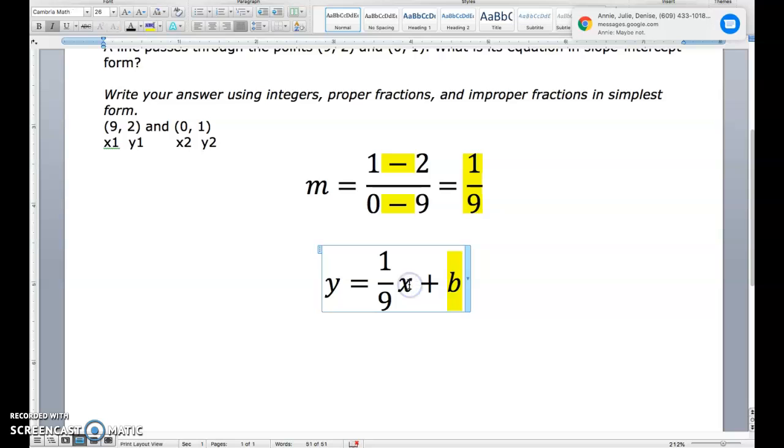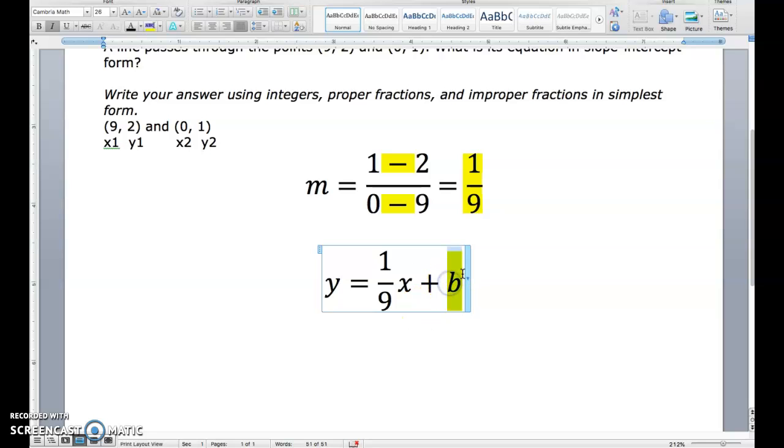I need to replace x with a number, and I need to replace y with a number. That way, I only have one variable, and then I can solve this equation for that variable.